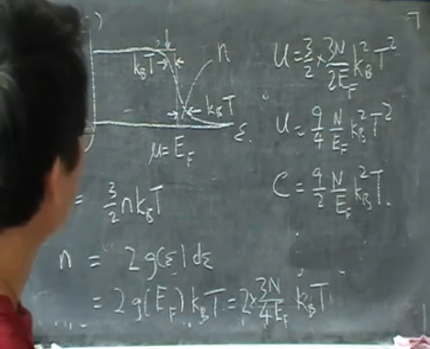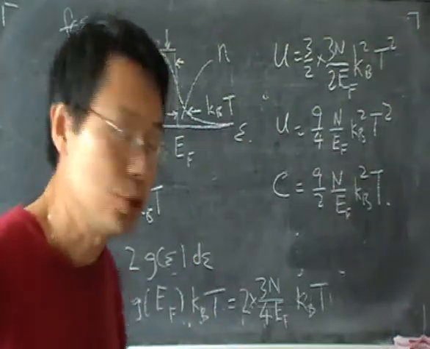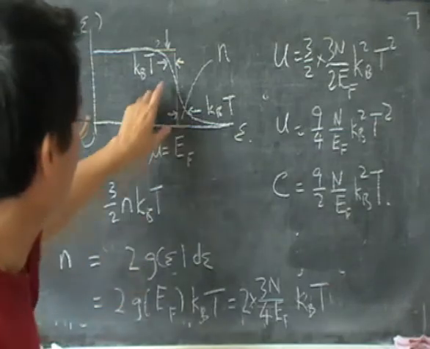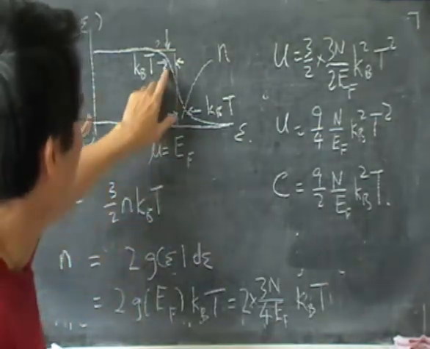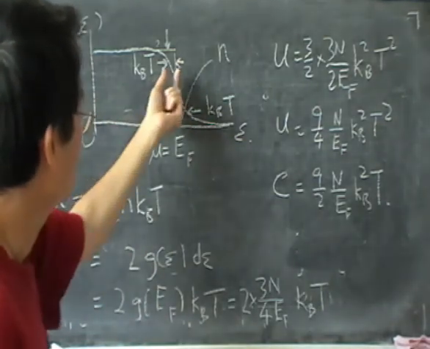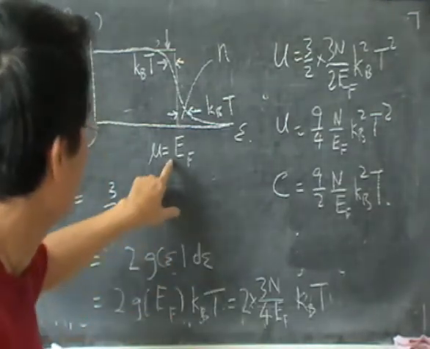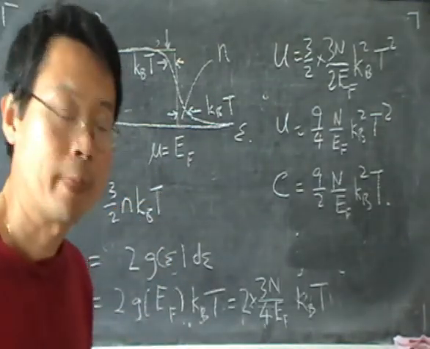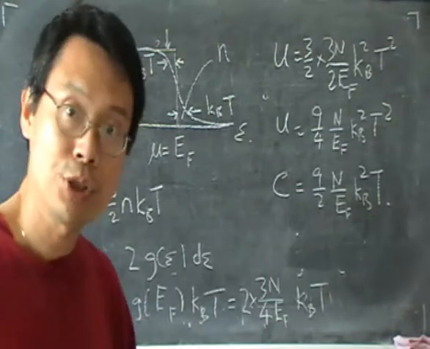Now, one last thing. Just to finish up, we really need to justify the assumption that I started off with, which was, if you remember, I initially assumed that this interval here is a lot smaller than the Fermi energy. Now, how do we justify that? Well, we know the formula for Fermi energy.